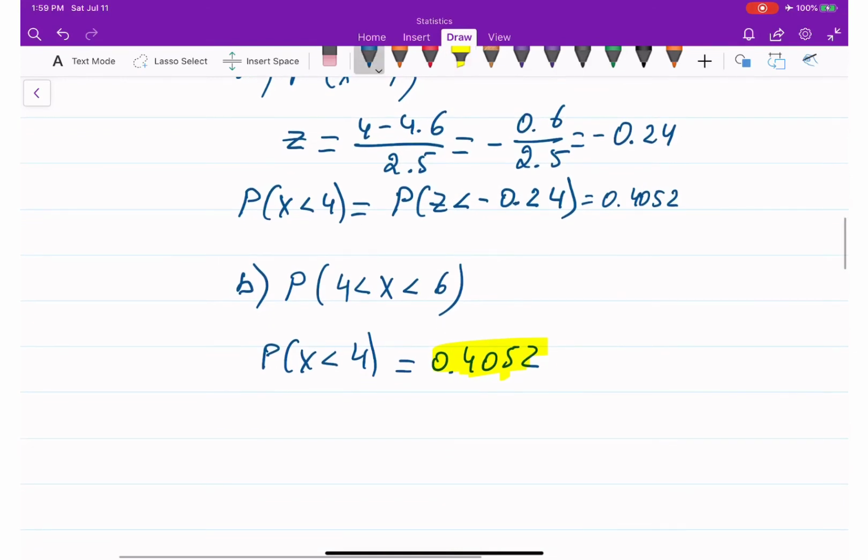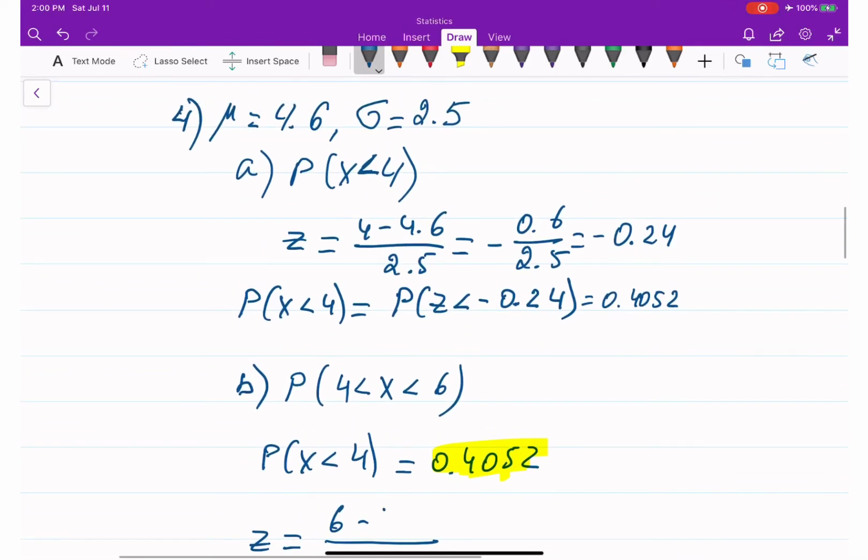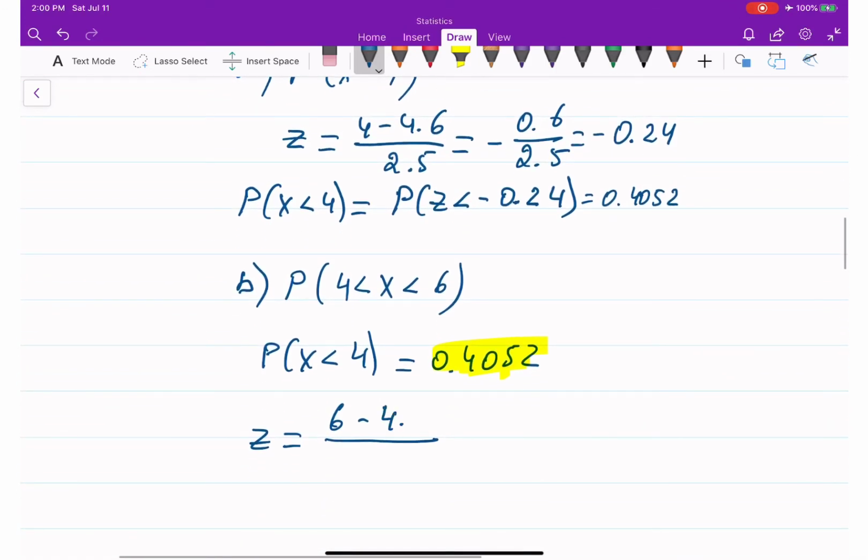Next, we are going to do less than 6. So z is equal to 6 minus, how much was mu? 4.6, and divided by 2.5. Okay, so 6 minus 4.6 is going to be 1.4, and we divide by 2.5.